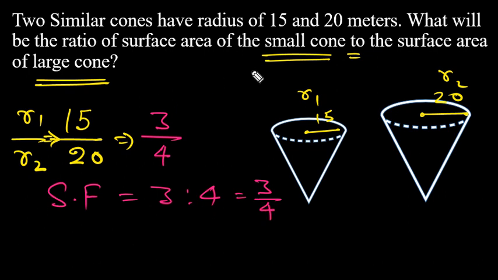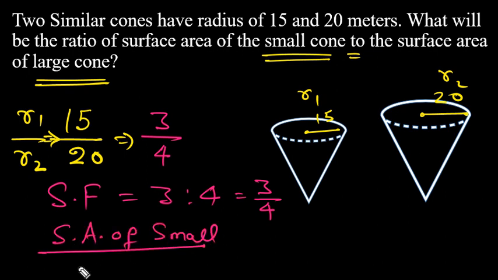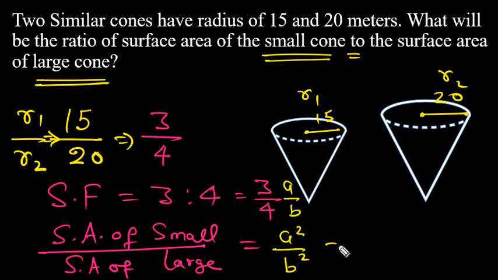Now the surface area of the small cone to the surface area of the large cone. You know this very clearly: if this is A over B, that will be A squared over B squared.